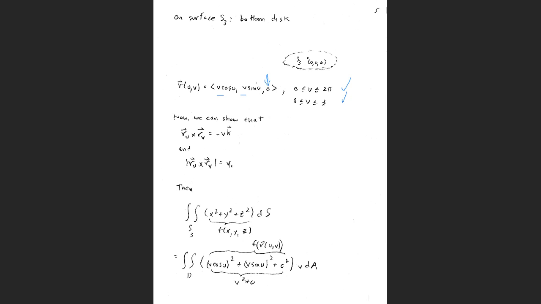And we can show that the cross product would equal negative v times k, and the length of that cross product vector is just v.